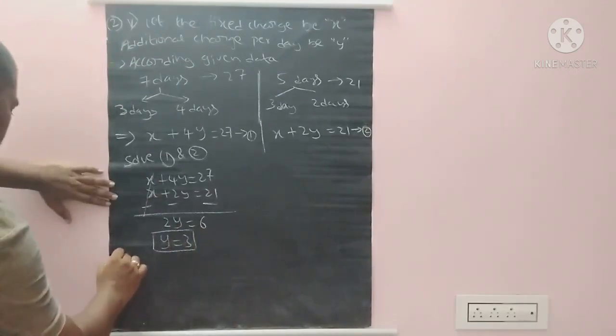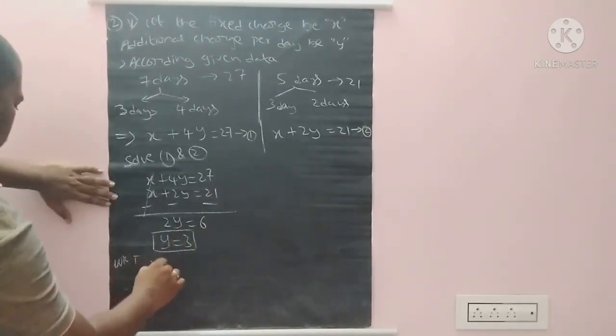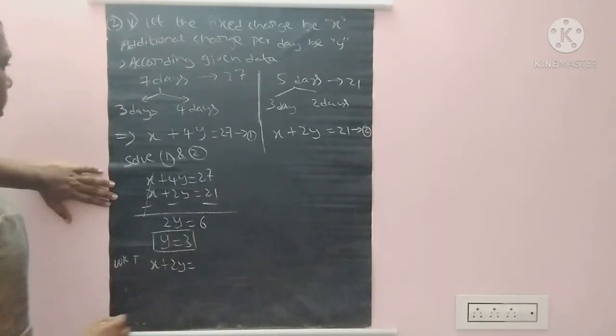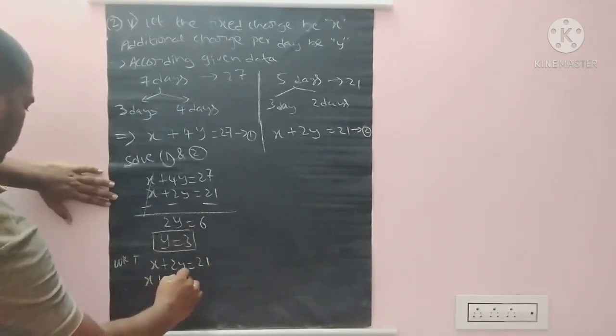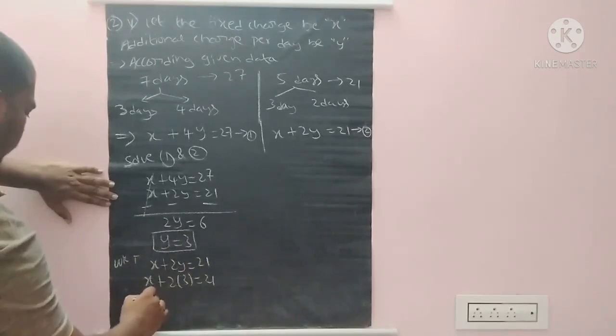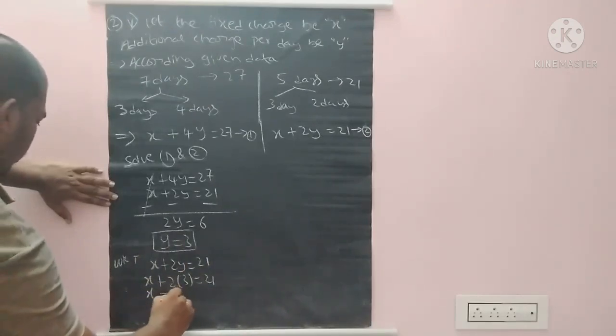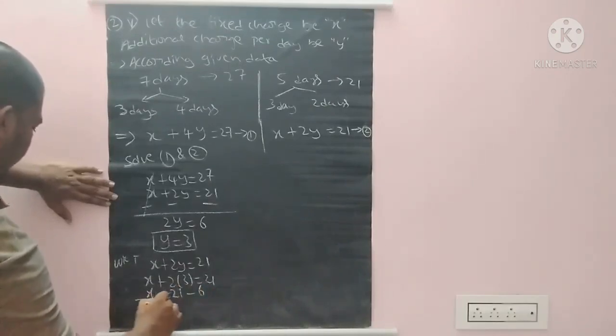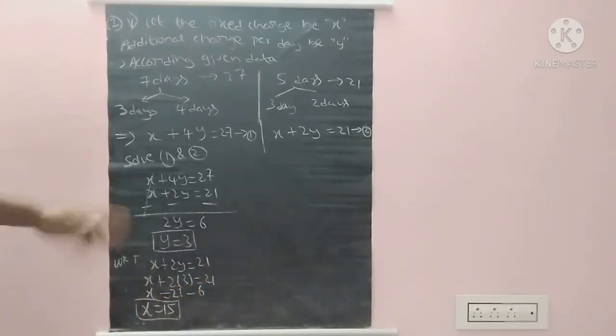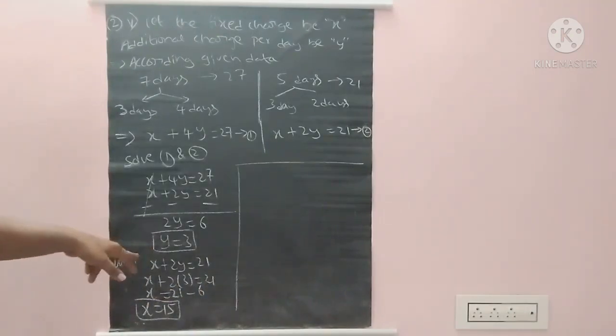So we know that x plus 2y equals 21. x plus 2 into 3 equals 21. x equals 21 minus 2 into 3, which is 6. So x equals 15. So the fixed charge for 3 days is 15 rupees. For each additional day you need to pay 3 rupees.